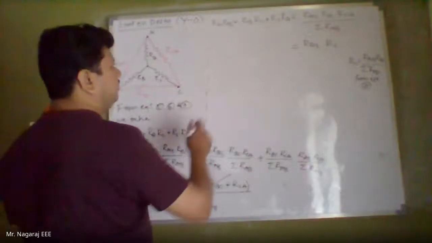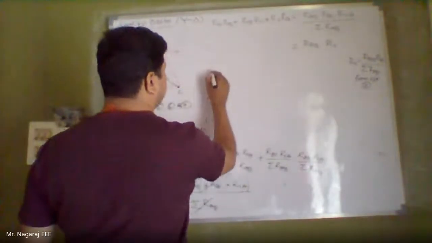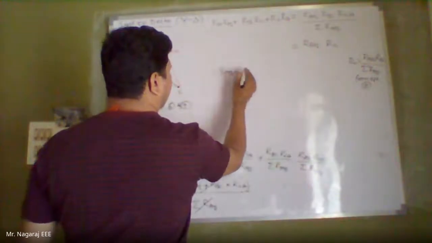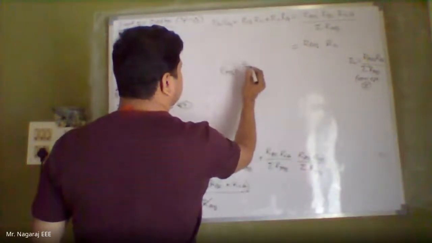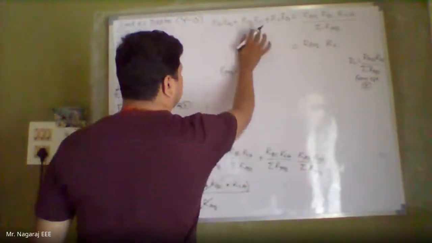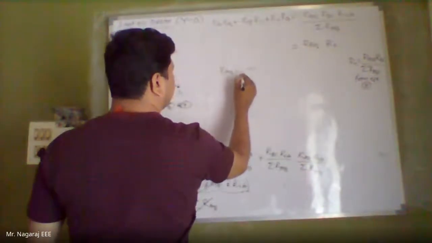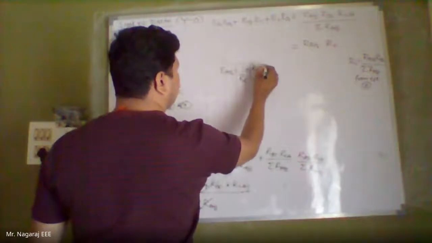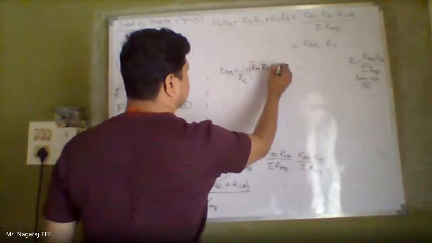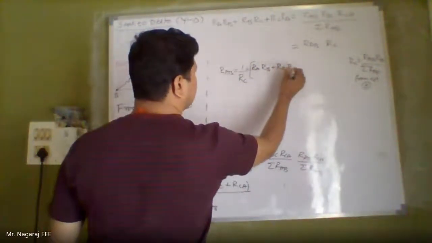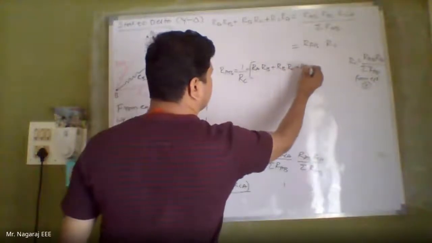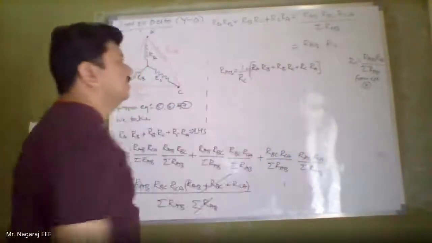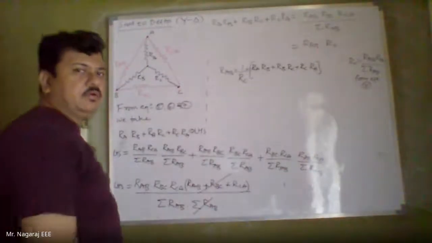Therefore, RAB is equal to 1 over RC into RARB plus RBRC plus RCRA. I will take RC to the other side, so it will be 1 over RC.